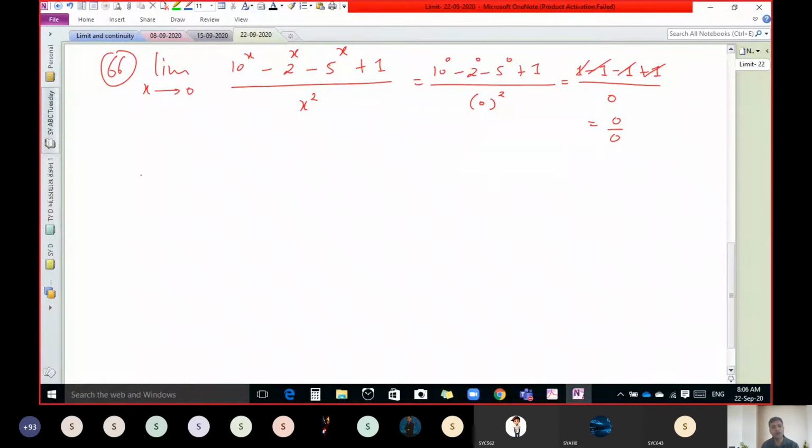So in that case, obviously we have to use the result a raised to x minus 1 upon x. Okay. Now see how to solve this question. This 10, can we write it is 2 into 5? The answer is yes. Keep this remaining term as it is.